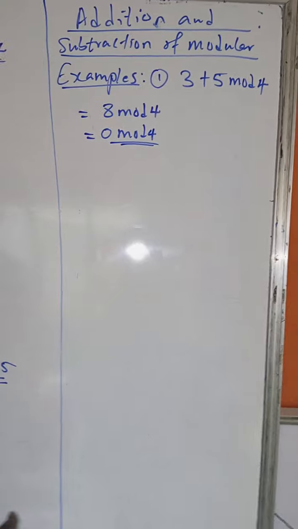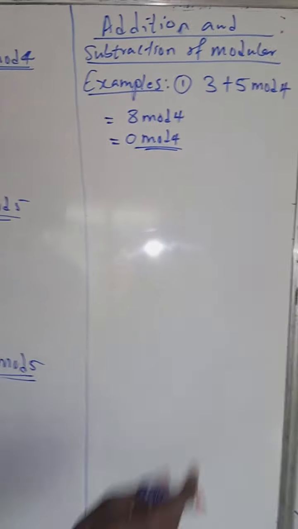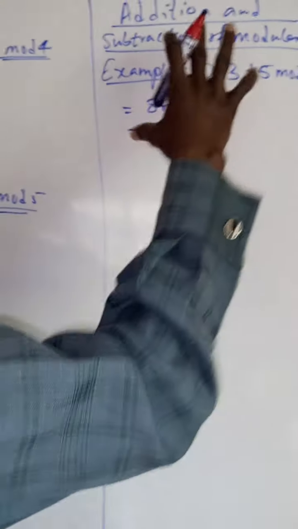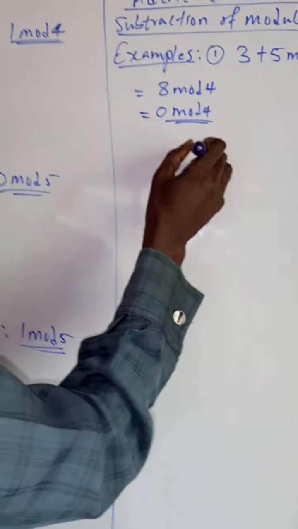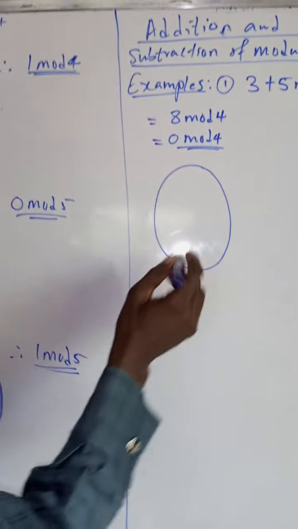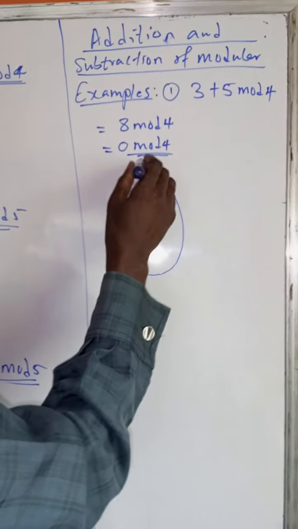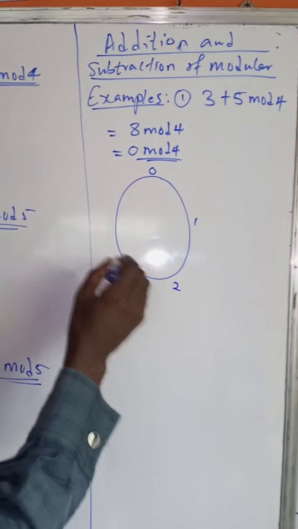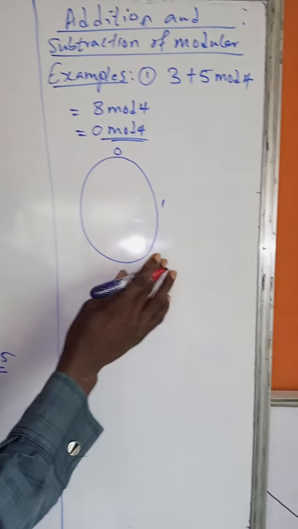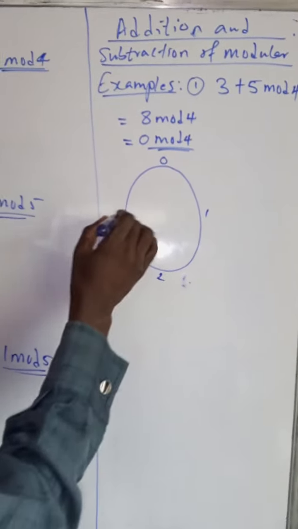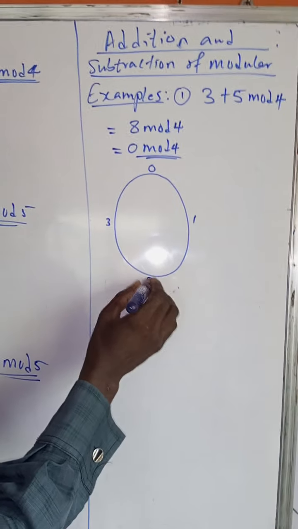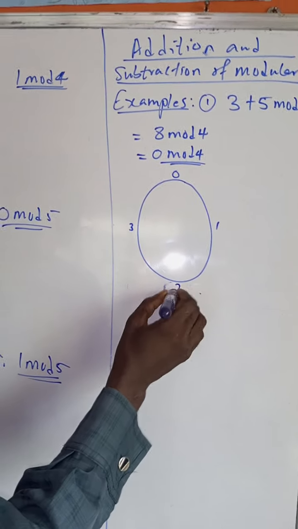I might also use the clock system. This is one way. The clock system, mod 4, of course, will be 0, 1, 2, 3. So we are going to stop at 3.